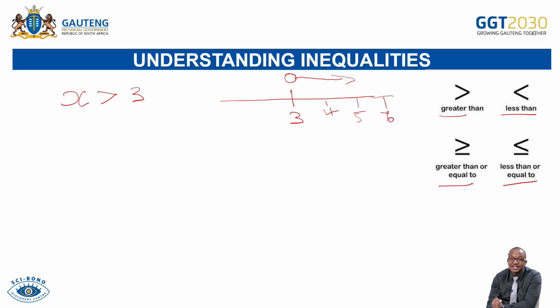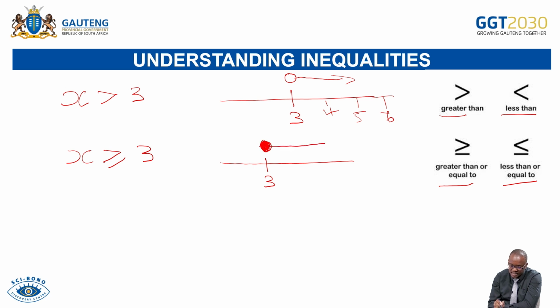Those are the numbers that are greater than 3. But if ever we are given it in the form of x is greater or equal to 3, then when we represent it on a number line, we are going to say 3. Then what will happen to our circle? It will be shaded.